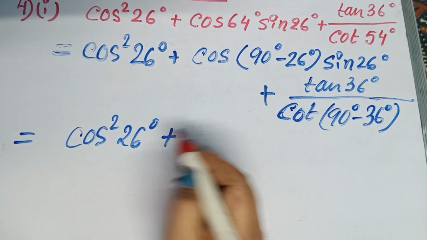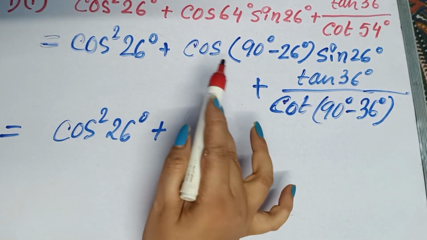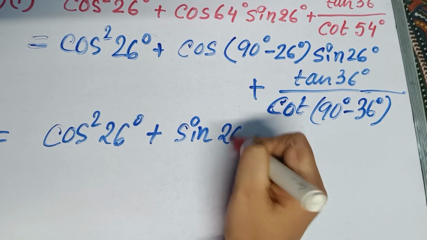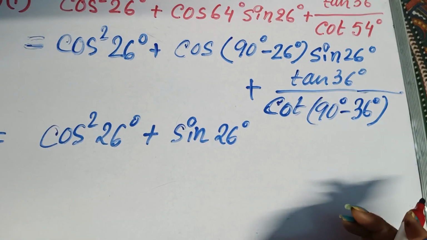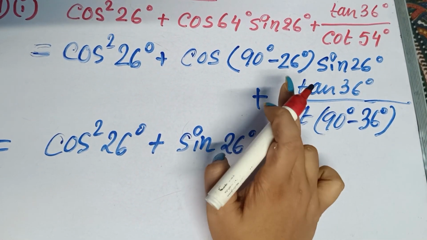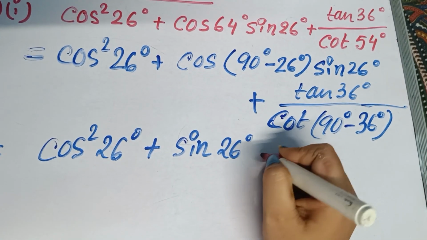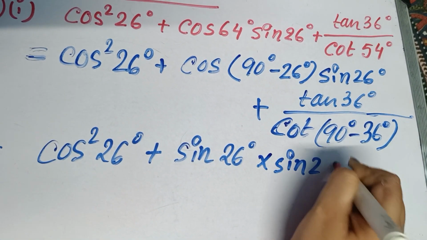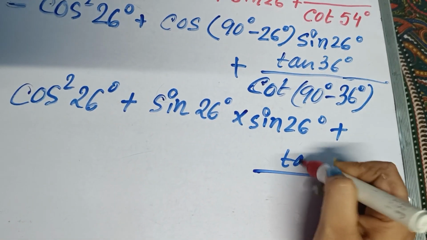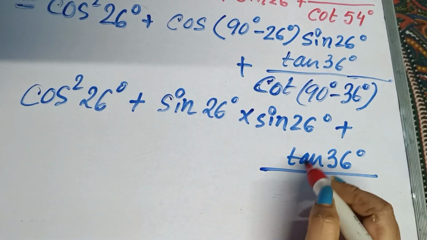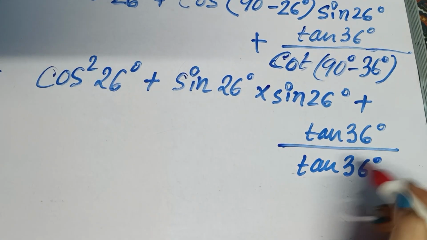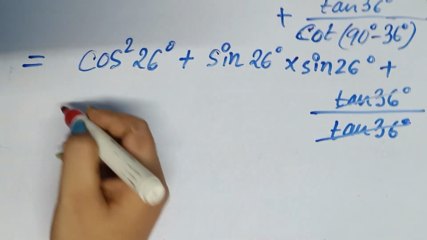So students, now cos square 26 degree is there. Now cos(90 degree minus theta) means basically sin theta. Just now I told you that cos(90 degree minus theta) is equal to sin theta, and here in place of theta 26 degree is there, so again sin 26 degree. Here, if we change this one, tan 36 degree is there and cot(90 minus theta) is obviously tan theta, and in place of theta here it is 36 degree, so these two will be cancelled.